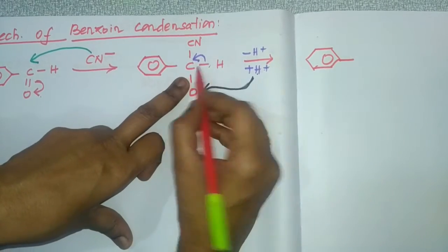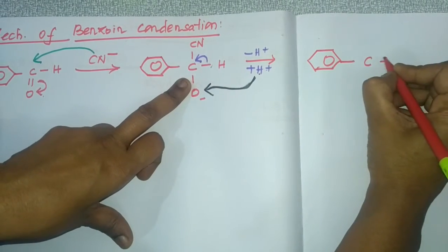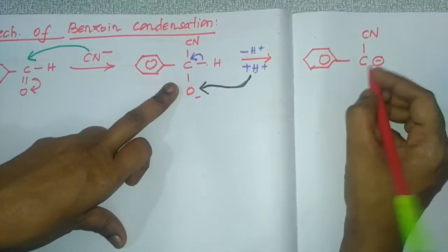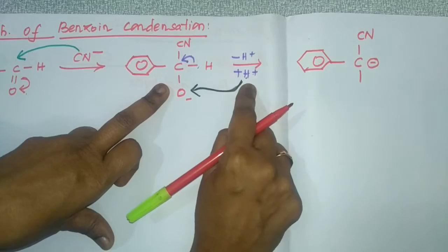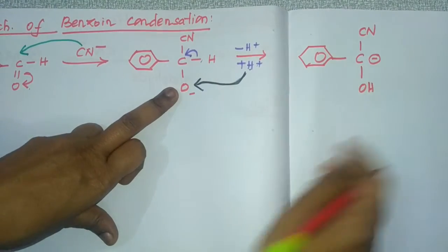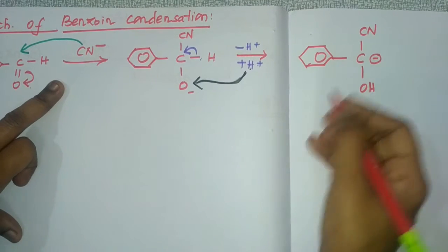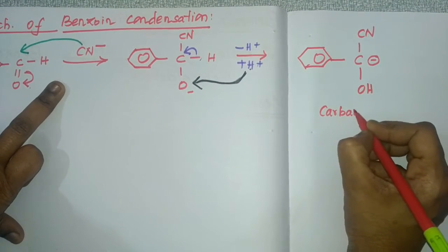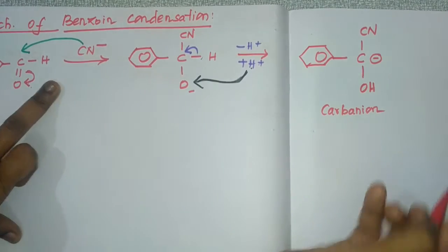This carbon is taking the electrons, so this will become a carbanion, and this CN will be like that only, and the H plus will attach to this O, and it will form OH here. Clear? So this is the carbanion.